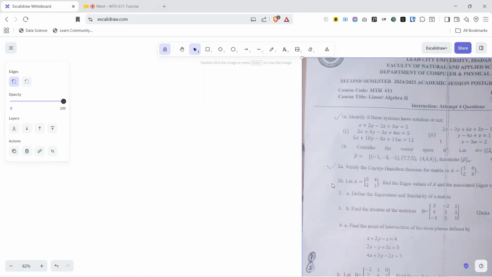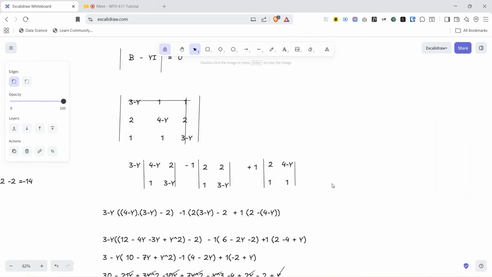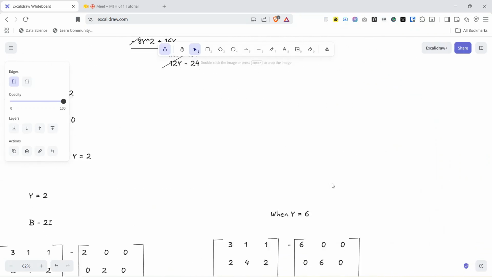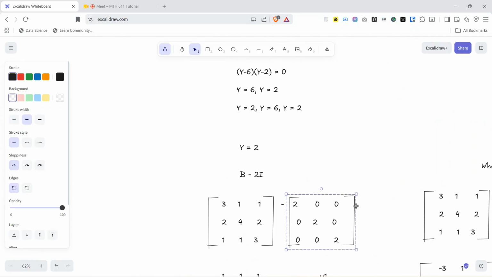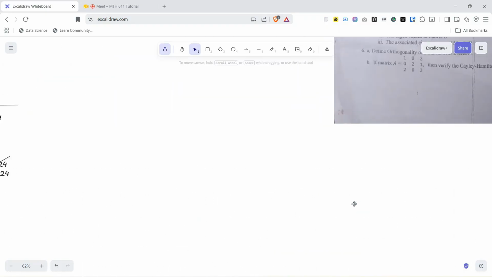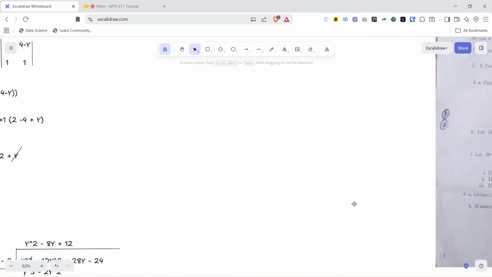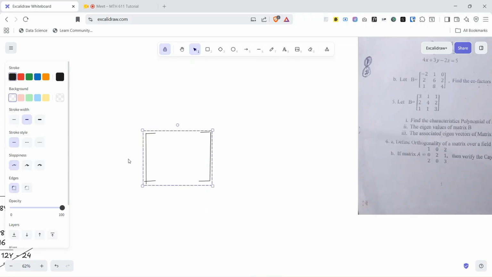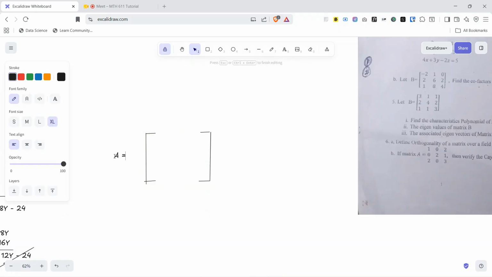For this matrix, matrix A equals 1, 0, 2, 0, 2, 1, then 2, 0, 3.